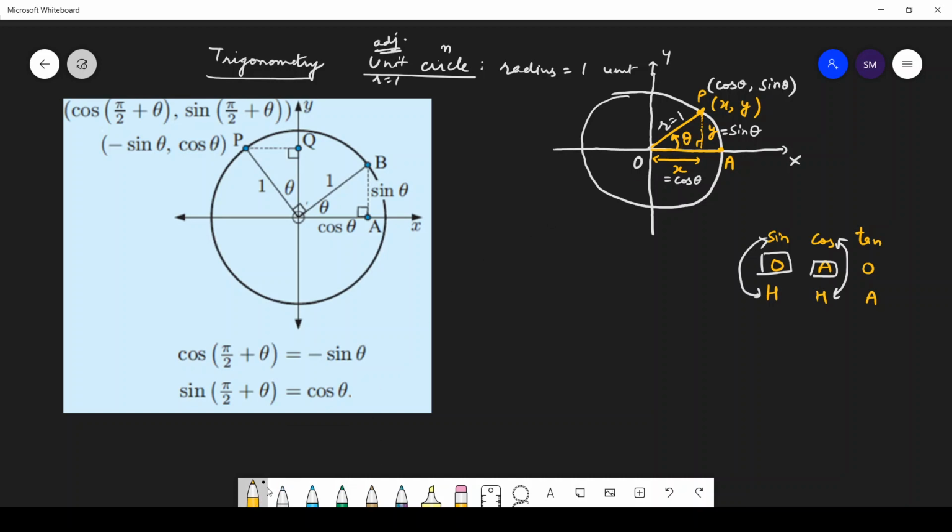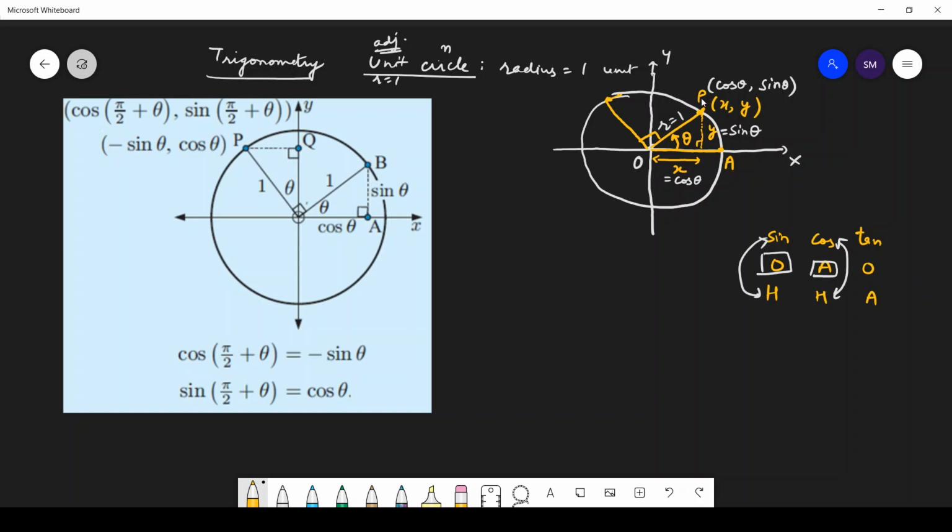Now suppose I have rotated this arm further by 90 degrees. So I will reach here.